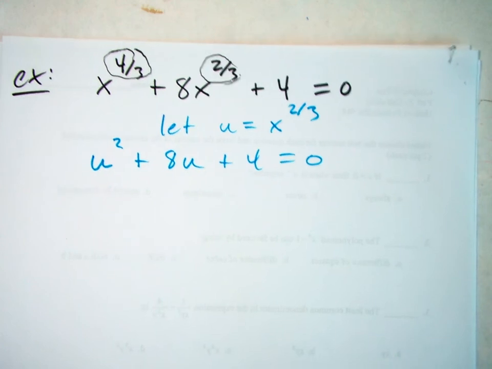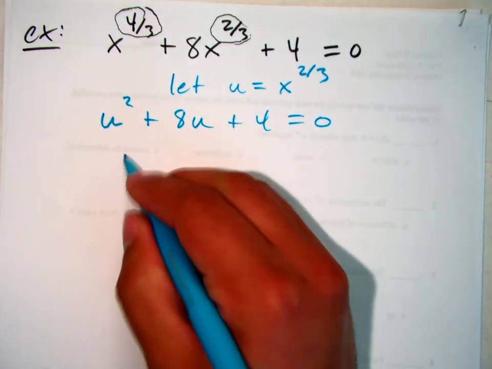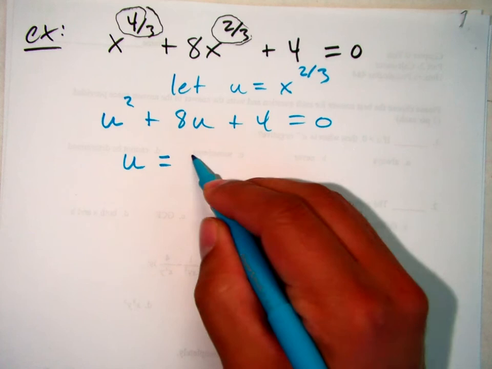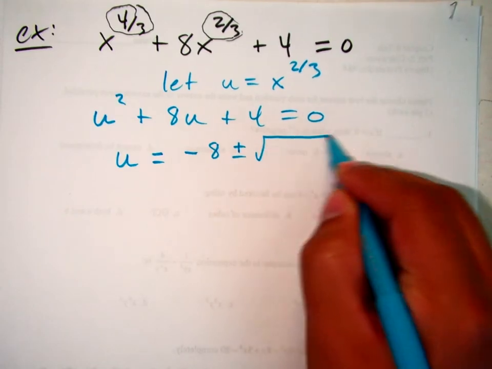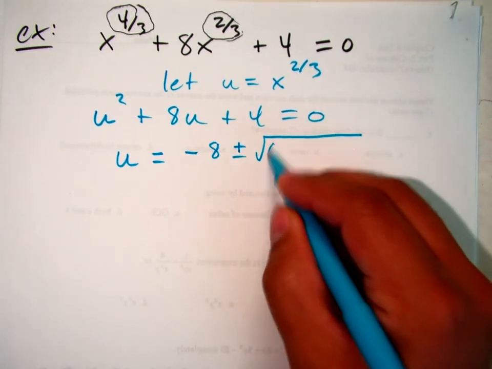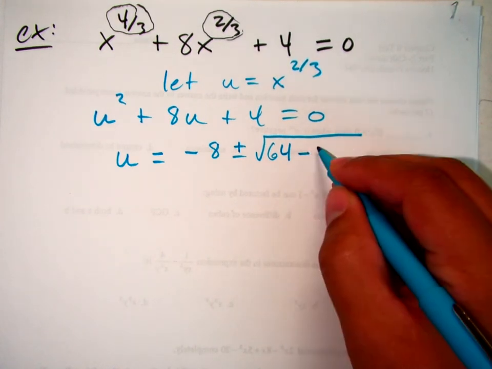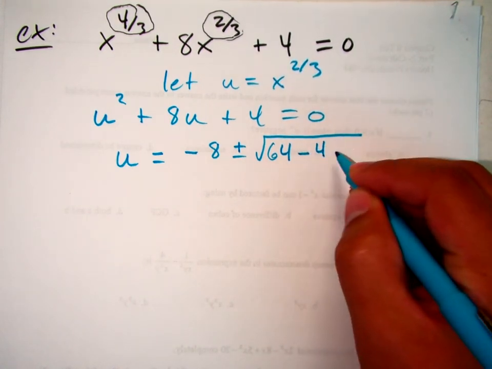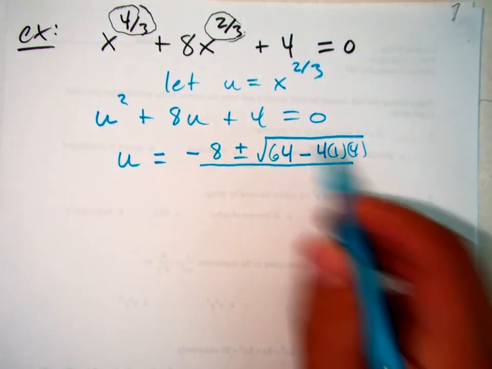I don't think this factors, so let's run the quadratic formula real quick to see where we're at. Negative 8 plus or minus the square root of 64 minus 4 times a times c, so 1 times 4, all over 2a, so that's just 2.